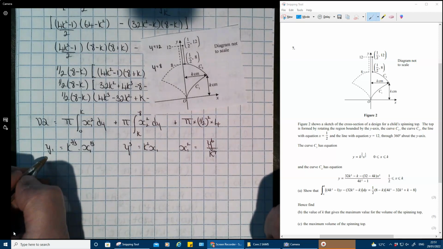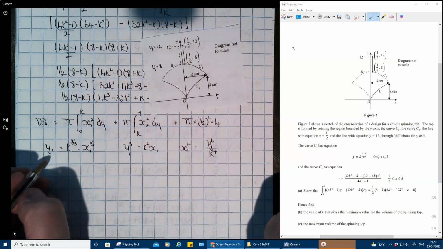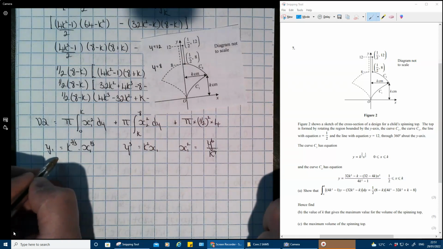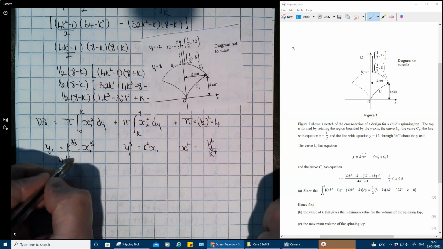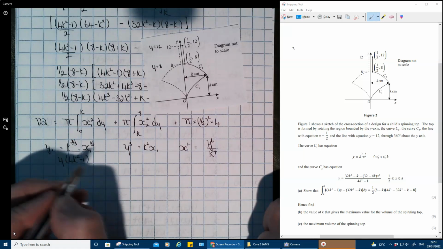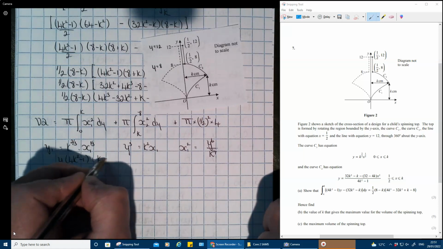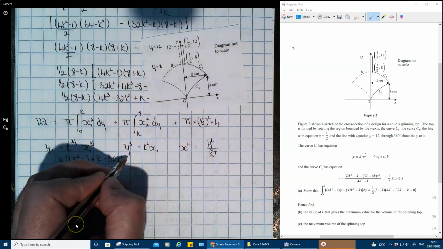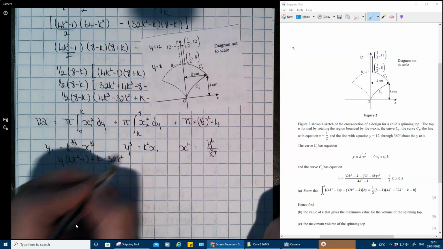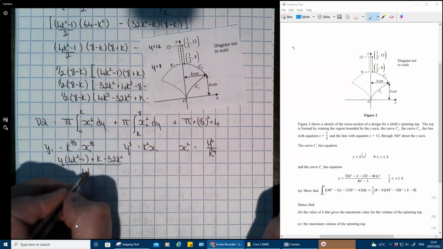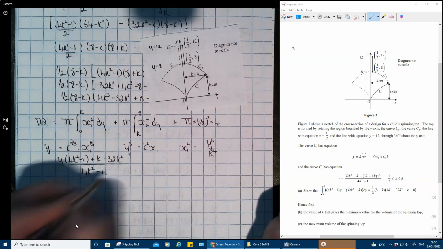And for y2, I want to rearrange that one. I'm going to get y times 4k squared minus 1 plus k minus 32k squared, all divided by 4k squared minus 1.